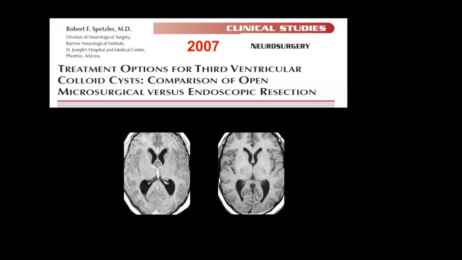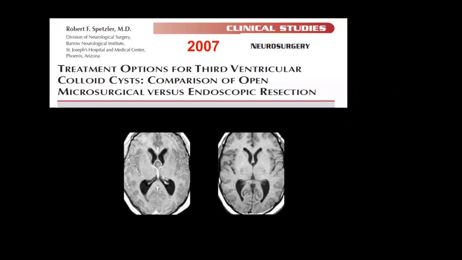The debate still exists about which one is better. I don't think that we should remain in that box of which is better. I think we should improve on both because both are good. But how can you compare microsurgery with endoscopy series? Because the numbers are different, the follow-up is different. But let's try.